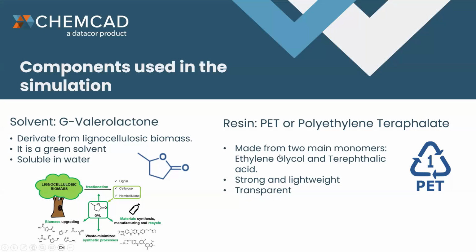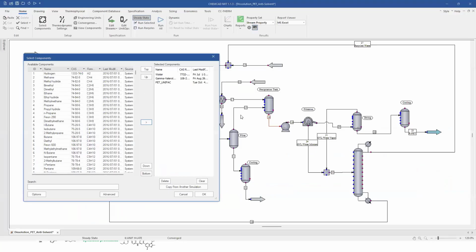The component is made from 2 main monomers, ethylene glycol and terephthalic acid. It is strong and lightweight, and it's transparent. In CHEMCAD, the correlation might predict some of the properties of the component. Some of those properties were the critical properties and the boiling point.